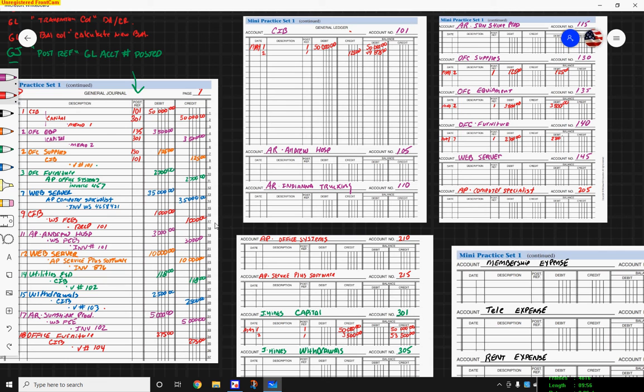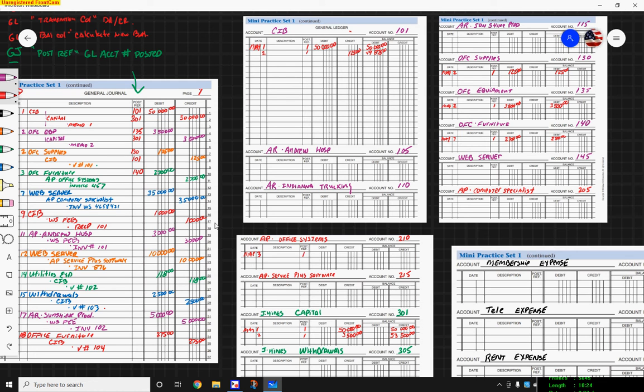No previous balance to speak of, so $2,700. Okay, it was posted to account number 140. Go back over here and put 140. The credit was to accounts payable, and it was for Office Systems. Date of the transaction was the 3rd, so May 3rd.